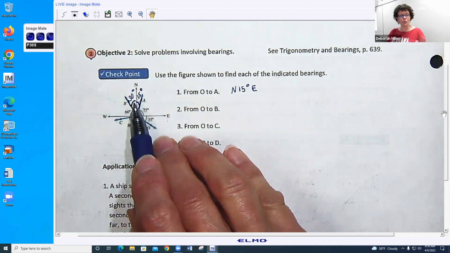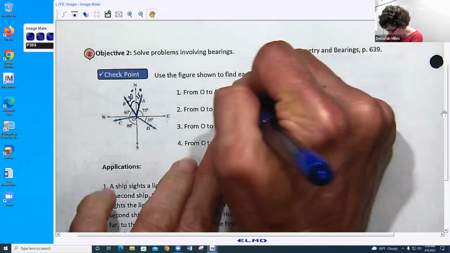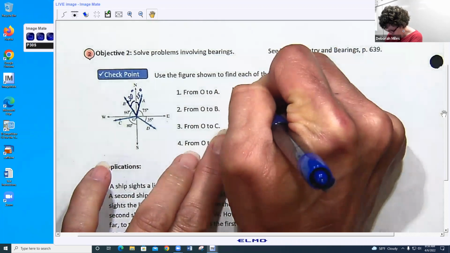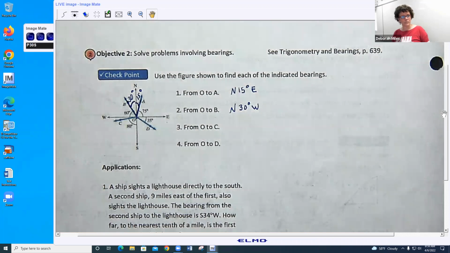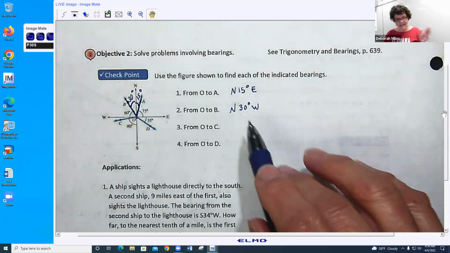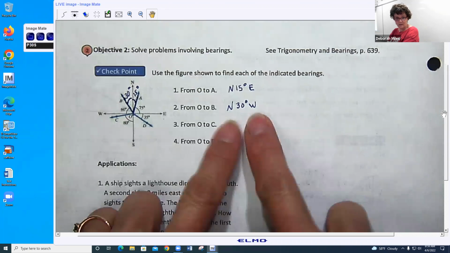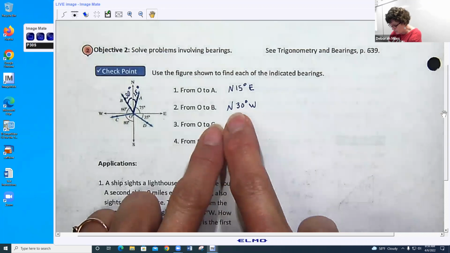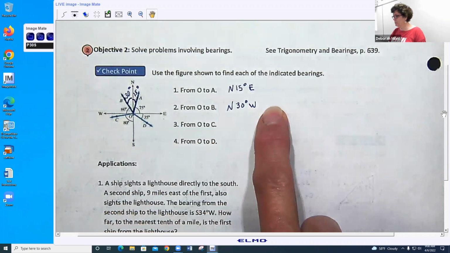We're 30 degrees west of north. That's how we write it. It would be a little bit easier for me if you wrote the east or west before the north or south, because that's how we read it. We read it 30 degrees west of north. I kind of wish the N was at the end, but I didn't make it up.